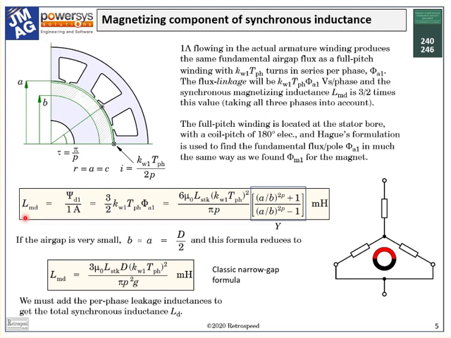With that introduction, the classical textbook formula for LMD is this one at the bottom. D is the diameter of the stator bore, G is the air gap length, usually modified with Carter's coefficient, P is the number of pole pairs, and KW1 is the winding factor at the fundamental electrical harmonic, the working harmonic.